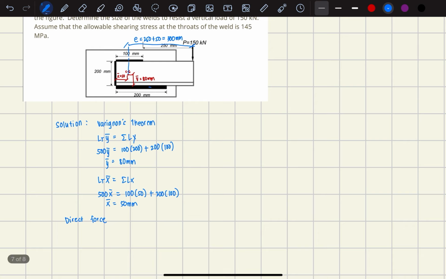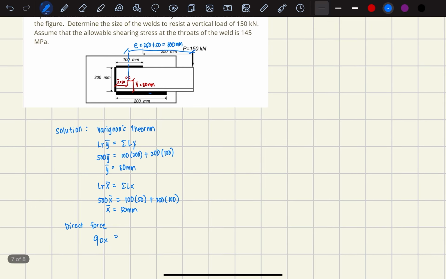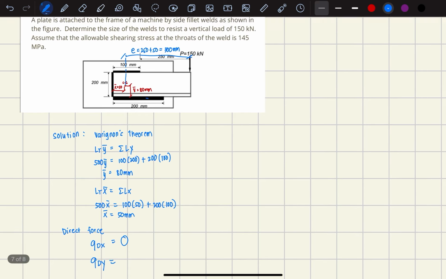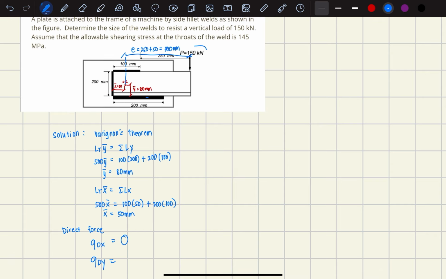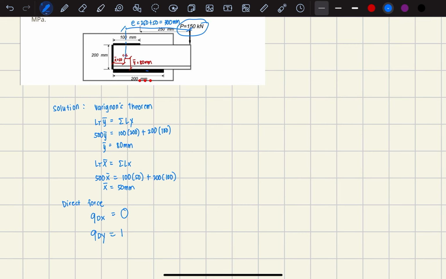So, yung QDX, siya yung direct force in horizontal. So, wala tayo ditong direct force na horizontal. So, equal siya sa 0. While sa QDY, meron tayong direct force na 150 sa vertical.